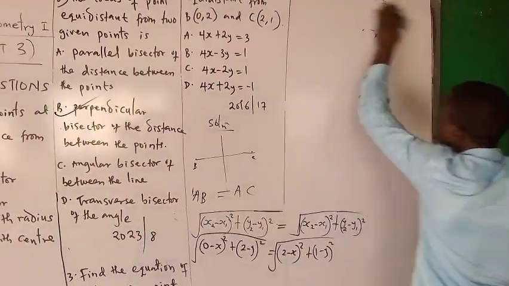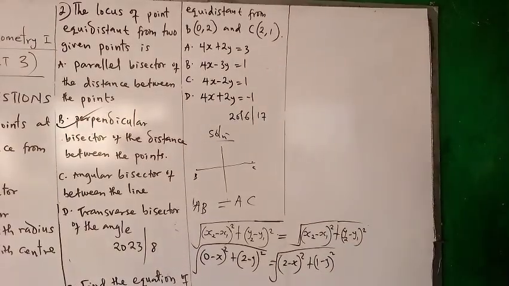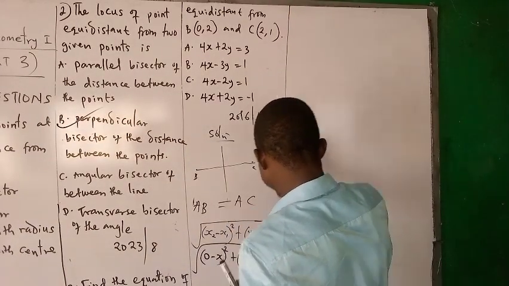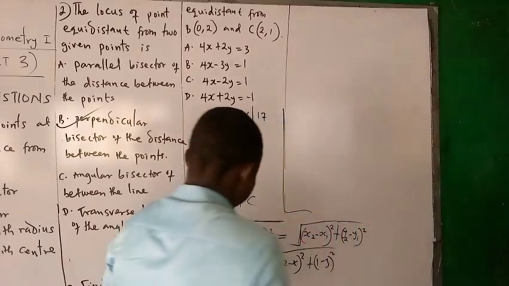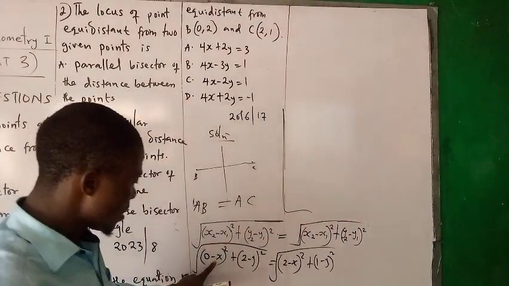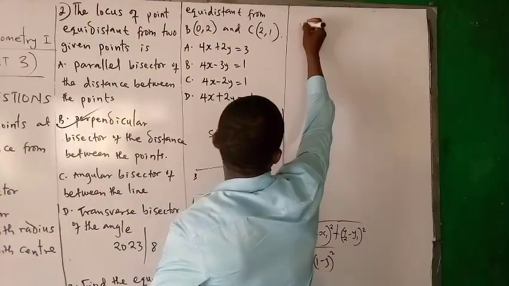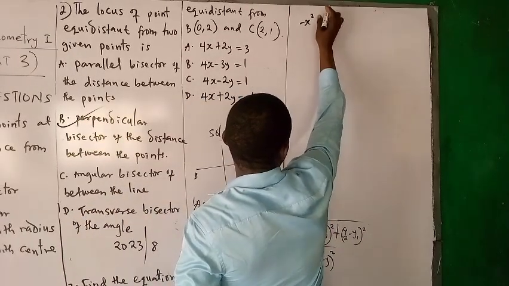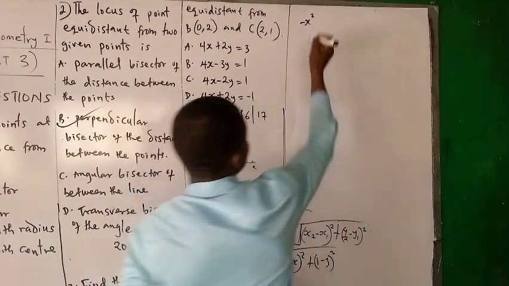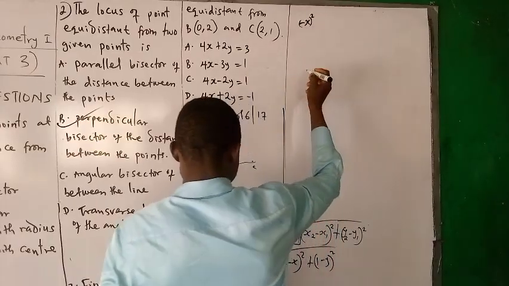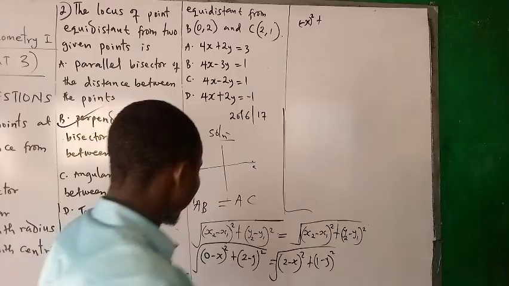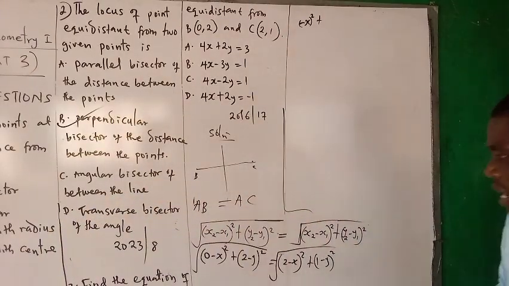So at this point, I'm going to expand. So I have, this implies, 0 minus x is still giving me minus x, right? Then put your square, that is minus x square. Then plus 2 minus y.